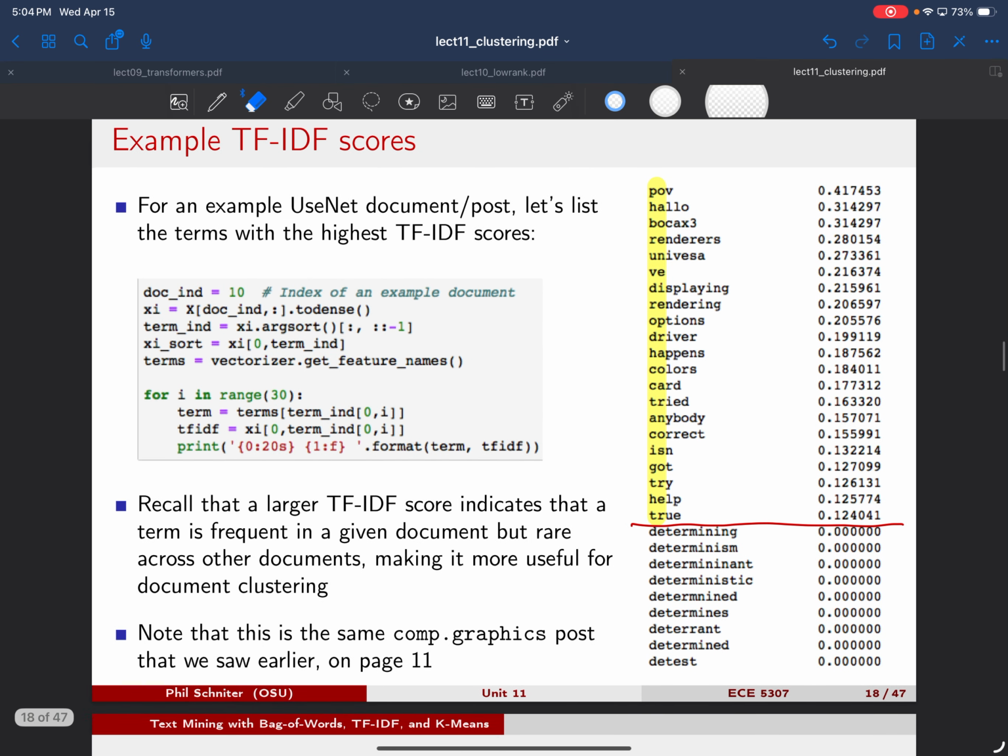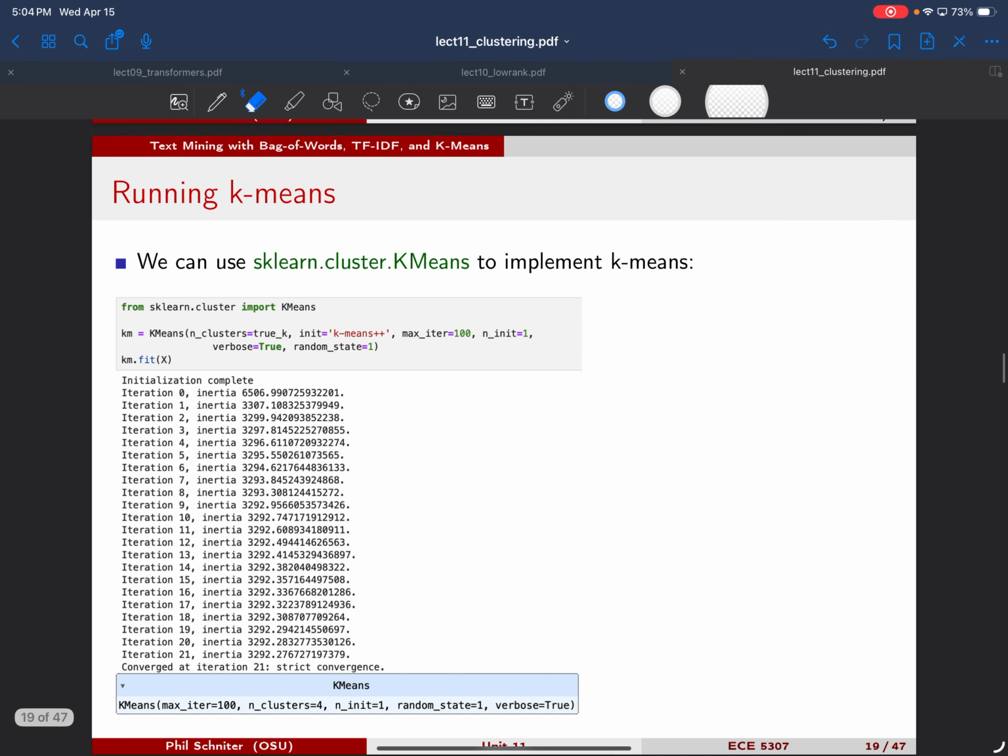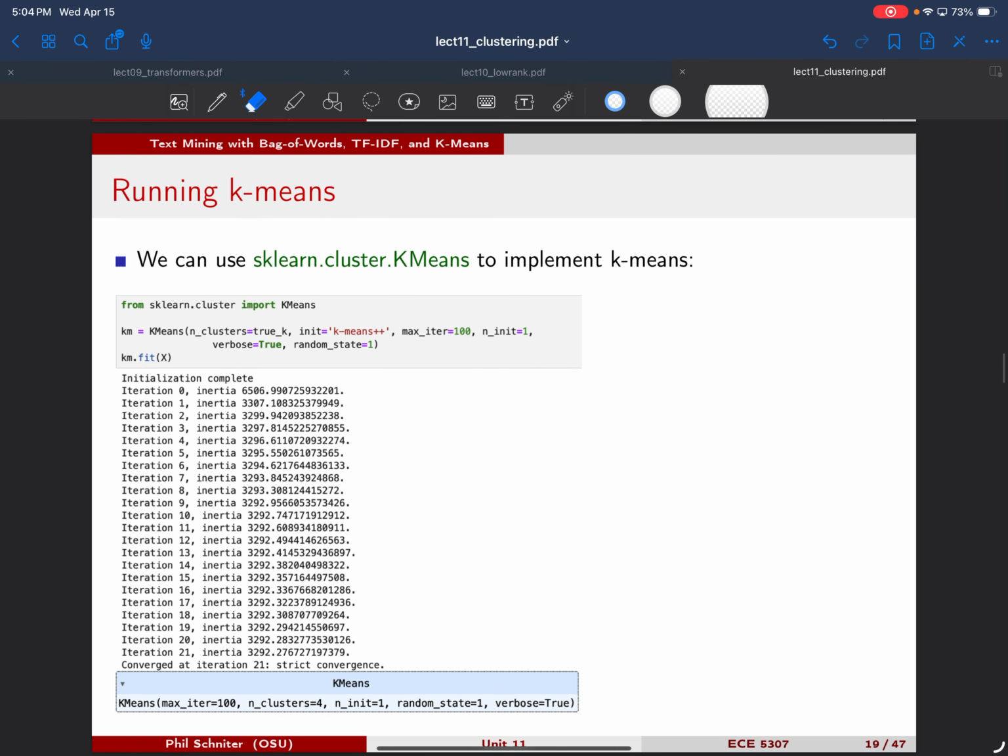All right. These scores are what's most useful for document clustering, so we can just run k-means. Here you can see we're initializing with k-means++. We have to tell it the number of clusters to use. We're going to tell it 4, which maybe we don't always know, but in this case we'll pretend we do.